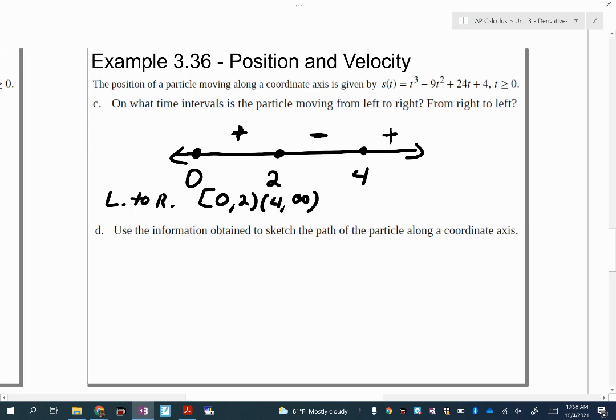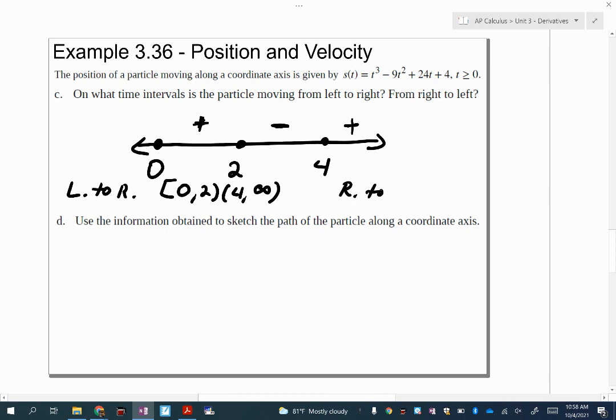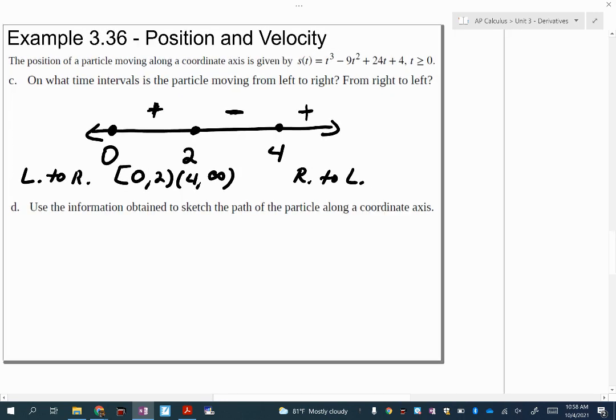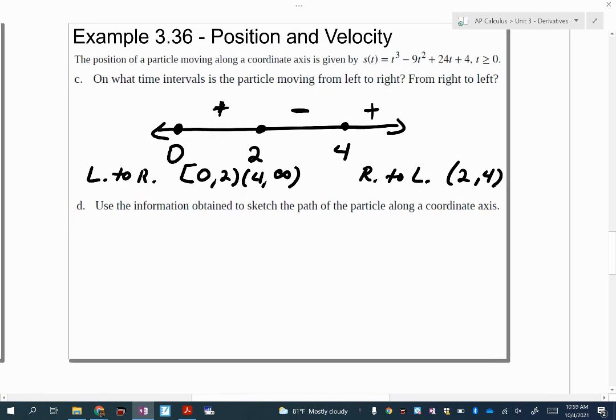And the particle is moving from right to left, that's my negative velocity, from 2 to 4. So the particle is moving right to left from 2 seconds to 4 seconds, and it's moving left to right between 0 and 2 seconds, and then 4 seconds all the way to infinite seconds.